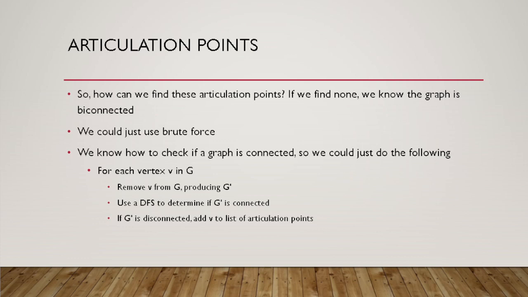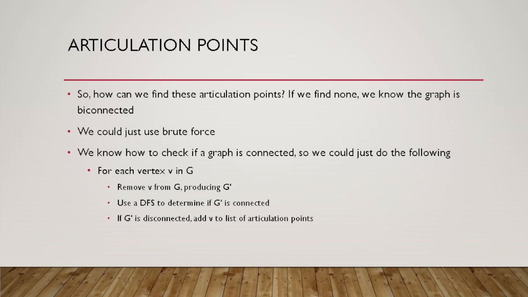So our algorithm could look as simple as the one presented on the slide, which basically says, just one by one, remove the vertices from the graph and see if the graph gets disconnected. So first I'll remove vertex 0 and check, is this graph connected? And if it isn't, then vertex 0 is an articulation point, because I just removed vertex 0 and that made the graph disconnected.